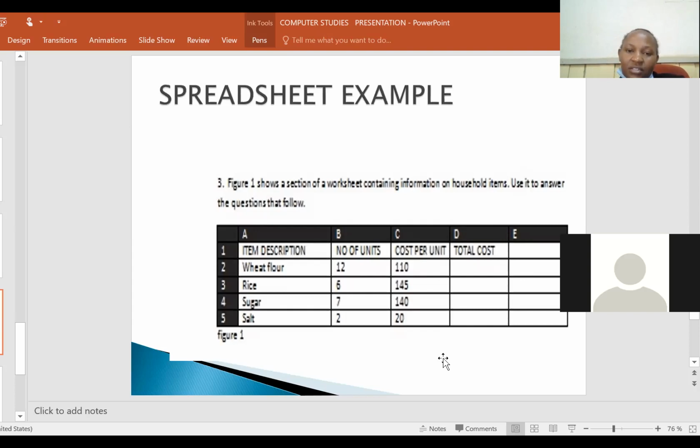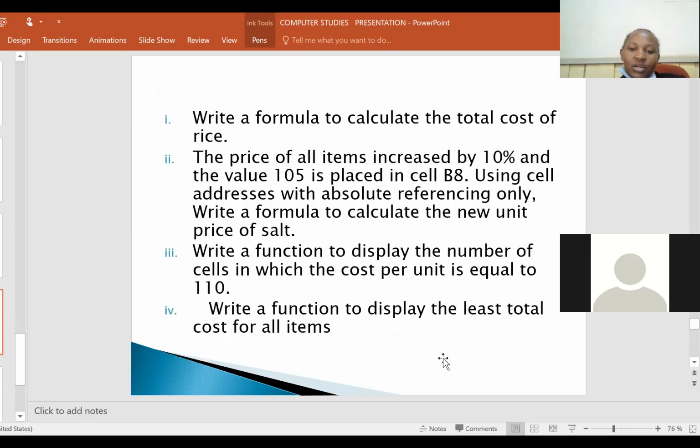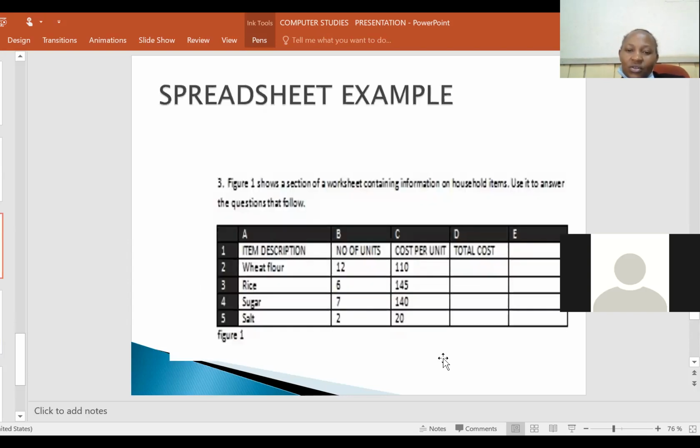The question from that says, write a formula to calculate the total cost of rice. When you study your table, you can see that rice is in row 3. Row 3 has the label rice, the number of units for rice is 6, and the cost per unit is 145.